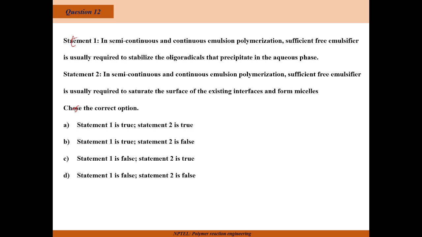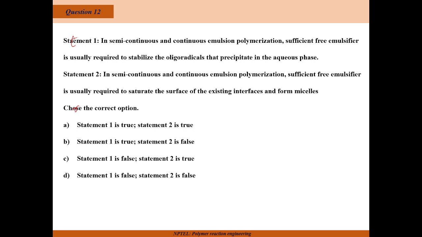So basically we are narrowing down to what is the use of this free emulsifier. Sufficient free emulsifier, what is the use of that? Is it used to stabilize the oligoradicals that precipitate in the aqueous phase, or is it used to saturate the surface of existing interfaces and form micelles?